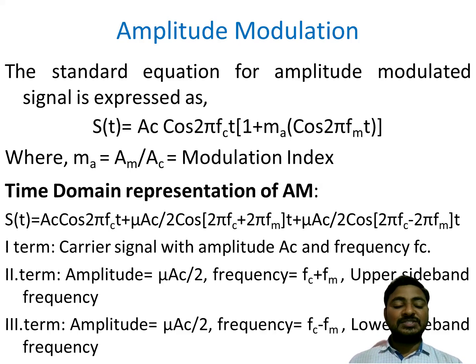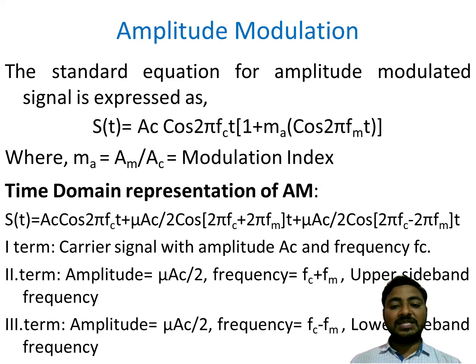This amplitude modulated signal contains three terms. The first term is nothing but a carrier signal with amplitude Ac and frequency fc. In the second term, the amplitude is μAc/2 and the frequency is fc plus fm, which is the upper sideband frequency.